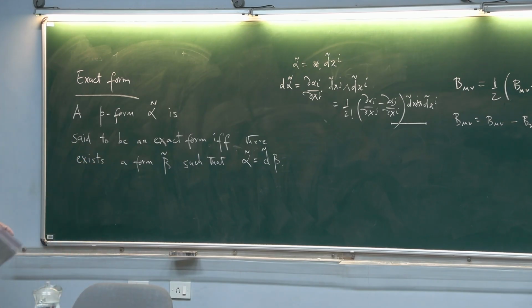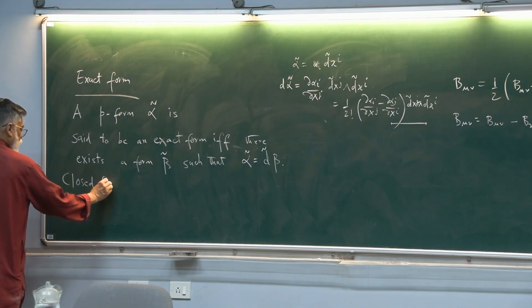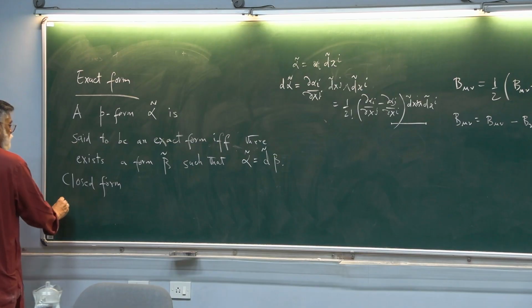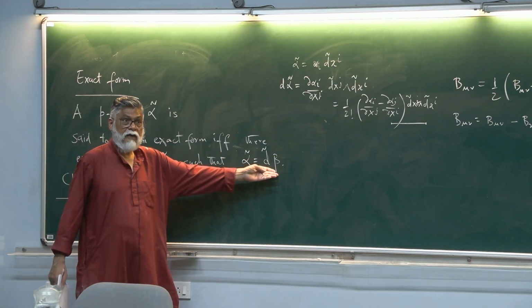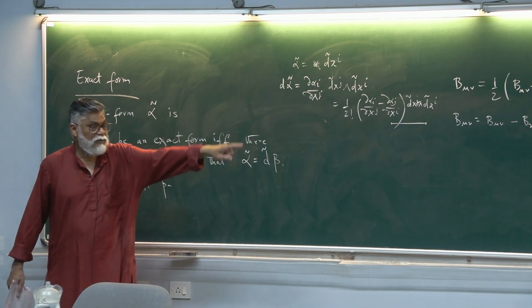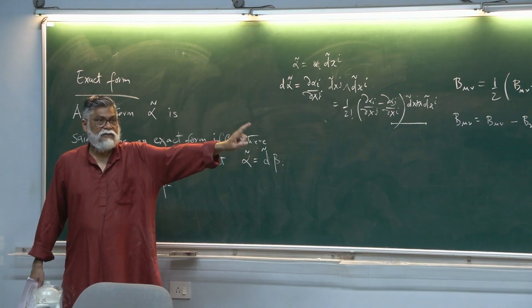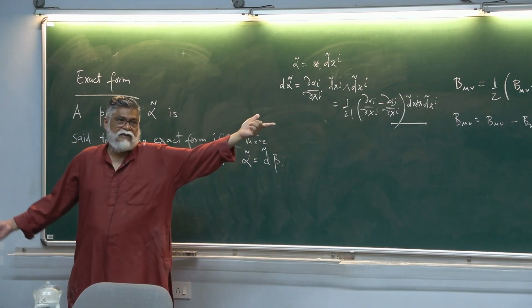But there is another kind of form which is called closed form. What is a closed form? If you have an exact form, d of an exact form is identically 0. That was happening, because we are considering one form which is d of f, that's the reason why d of f was 0.